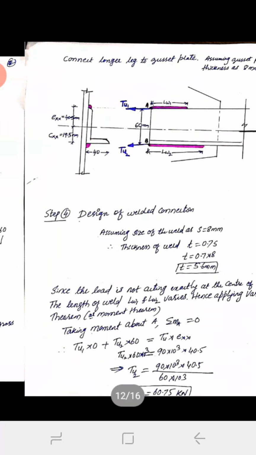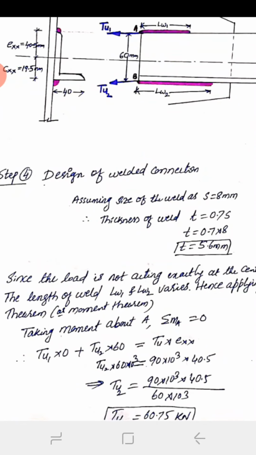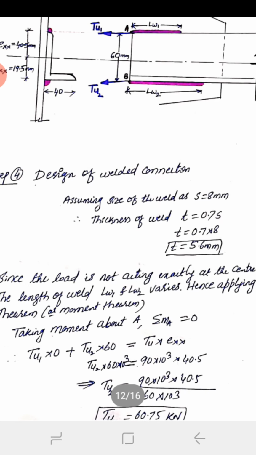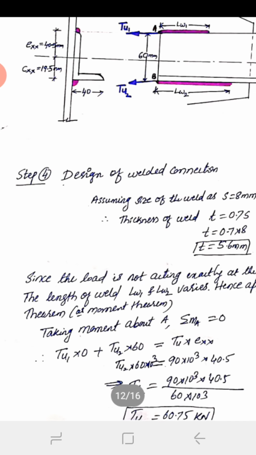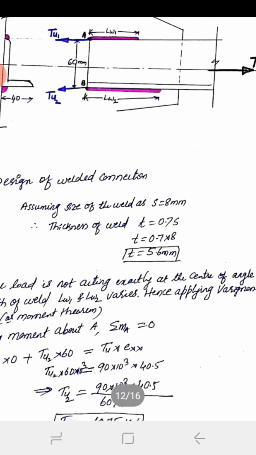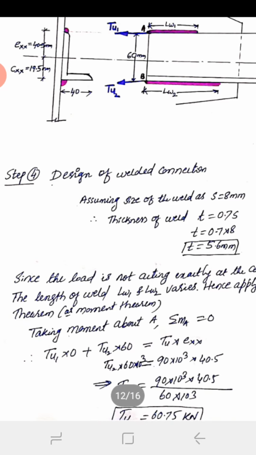After calculating the thickness, one note I have mentioned here: since the load is not acting exactly at the center of the angle leg, therefore the lengths of weld LW1 and LW2 vary. Hence, apply Varignon's theorem to calculate LW1 and LW2.